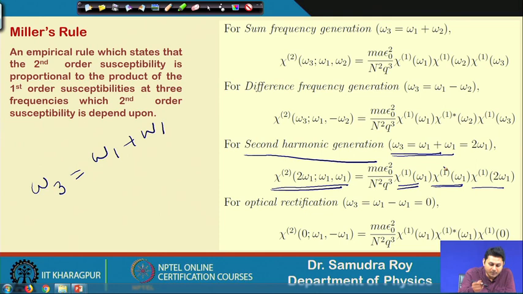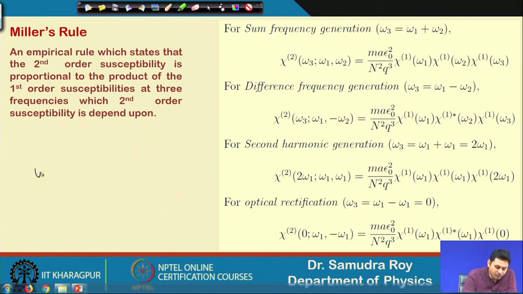Also for the omega 2 frequency we have the same thing. That means omega 3 can also be written as omega 2 plus omega 2.